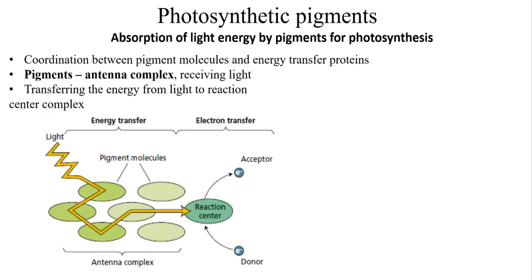And this shows the working pattern of the photosynthetic pigments. The photosynthetic pigments are also known as antenna complex because they function as an antenna. Antenna means what? It absorbs waves, or absorbs radiations, or captures signals.